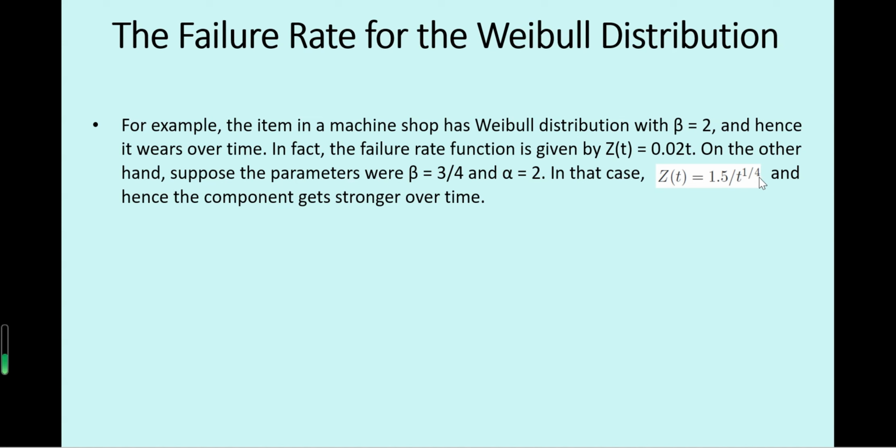So when t is bigger, this C(t) will be smaller, right? Because t is in the denominator. And that's why it gets less likely to fail when t is longer, right? So this means the component will get stronger over time.